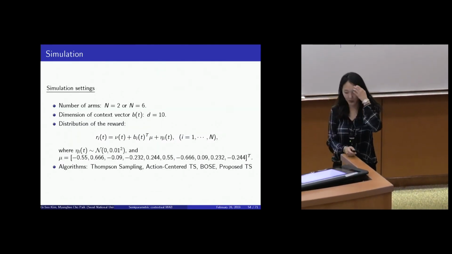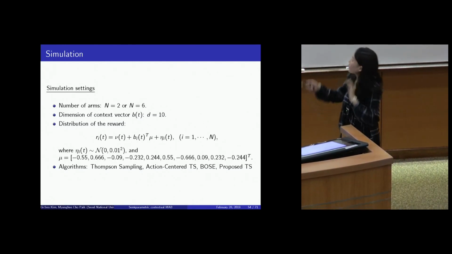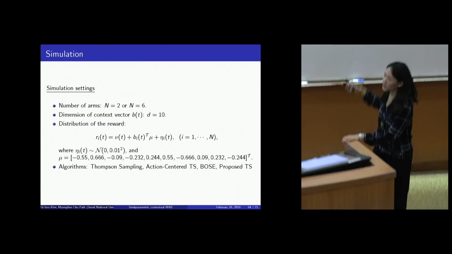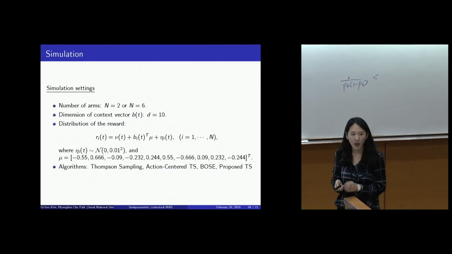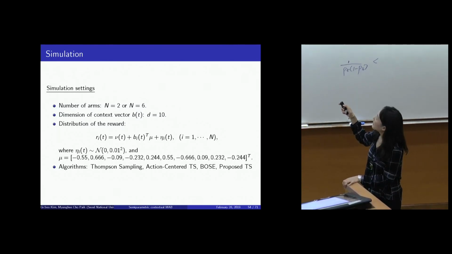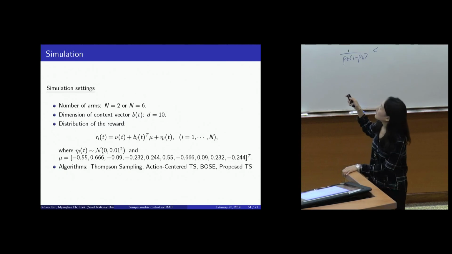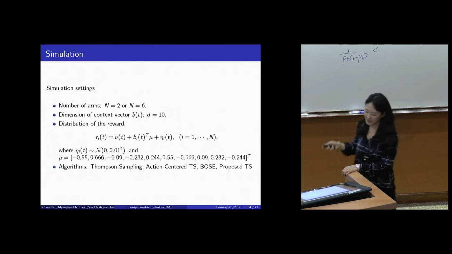We conducted simulations to compare the three semi-parametric algorithms and also the original Thompson sampling algorithm. We set the number of arms to be either 2 or 6, where when the number of arms is 6, the Bose algorithm cannot be implemented.